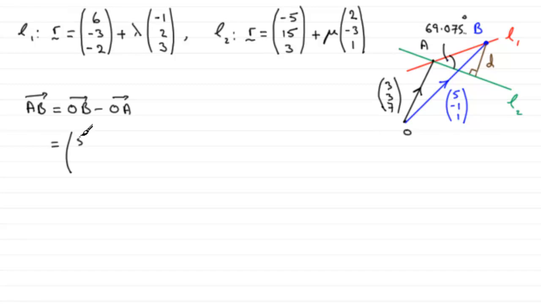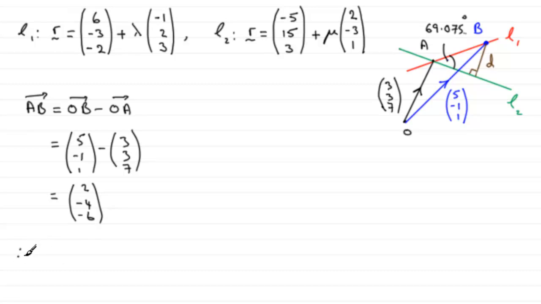In other words, O to B was 5, -1, 1, and O to A was the vector 3, 3, 7.